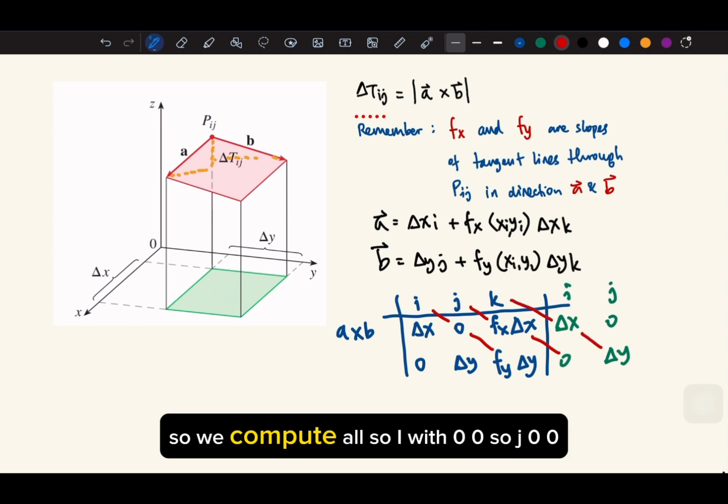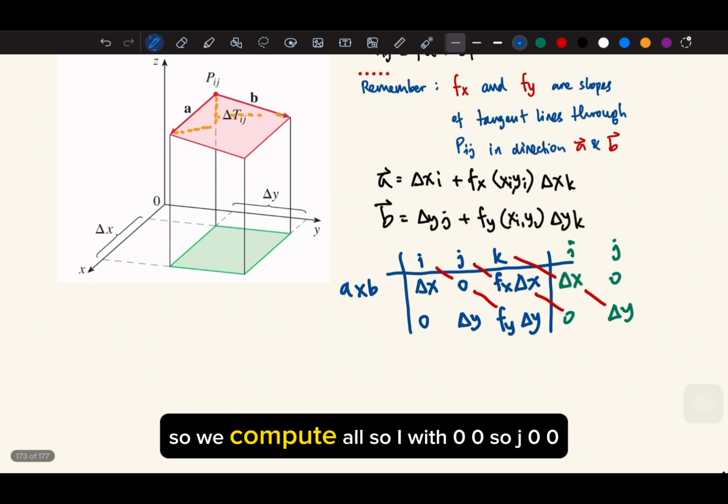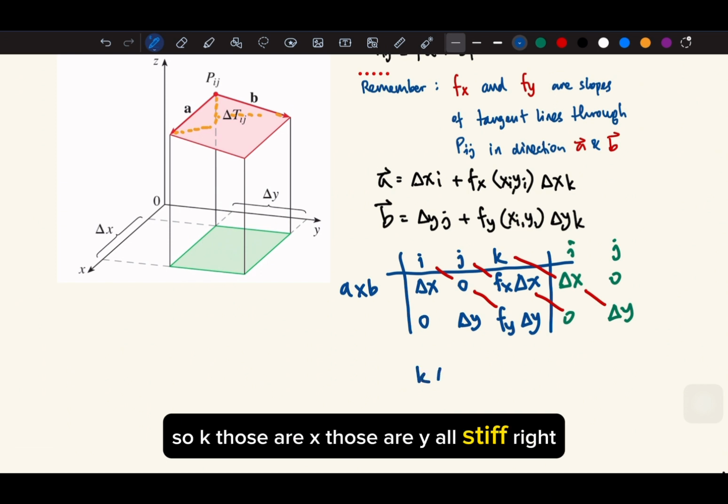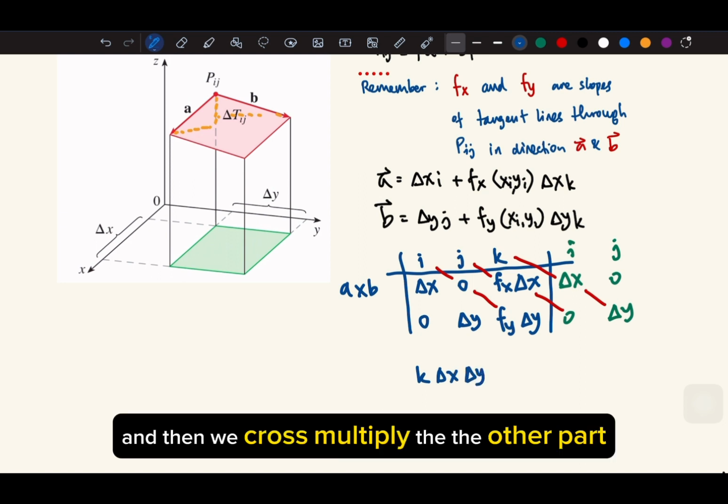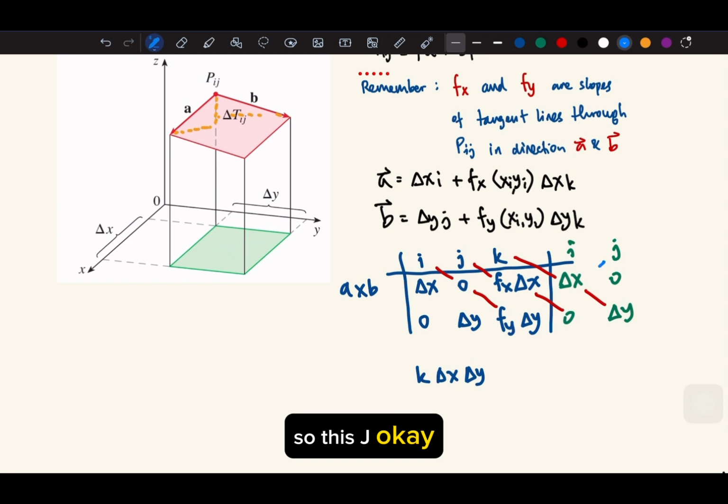So we compute all. So I with 0 is 0. So J 0, 0. So K delta X delta Y positive. And then we cross multiply the other part. So this J and this I, and this is 0, like that.